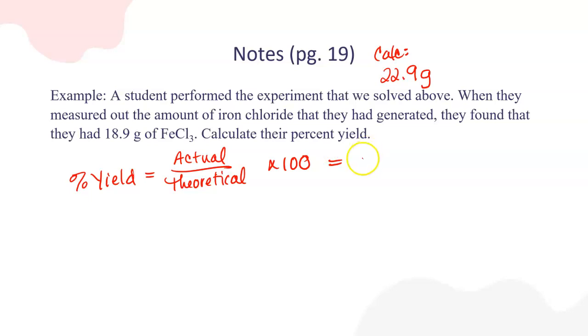So your actual yield was what? What did you actually make, or what did the student? 18.9 grams. And what should they have made in theory? 22.9 times 100, and you should get 80 something.